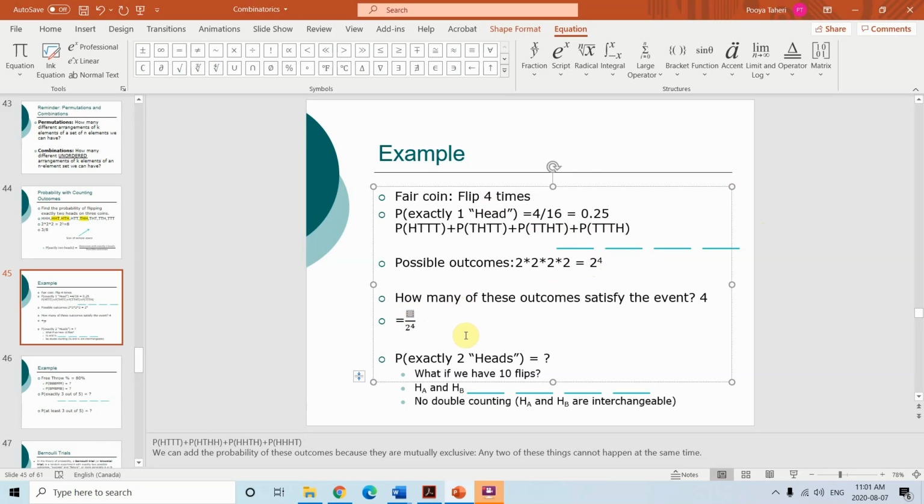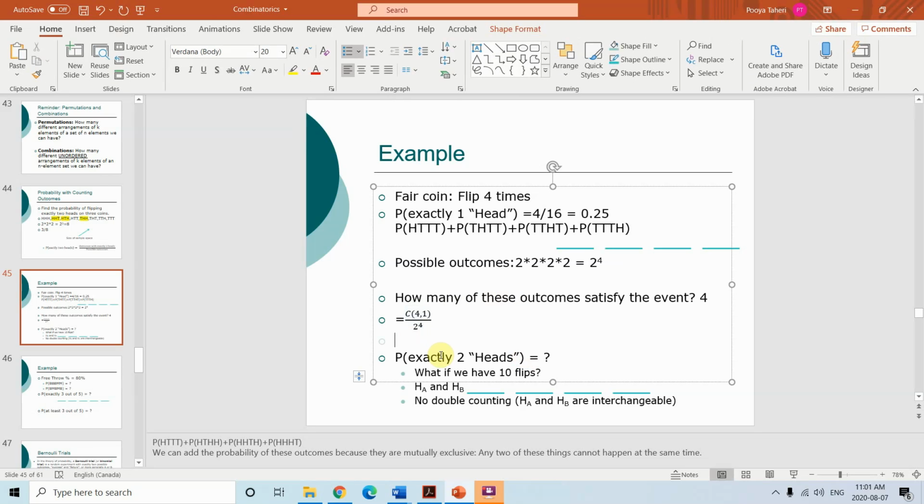So the problem would be just selecting 1 out of 4, right? Okay, so this is the answer to this one.